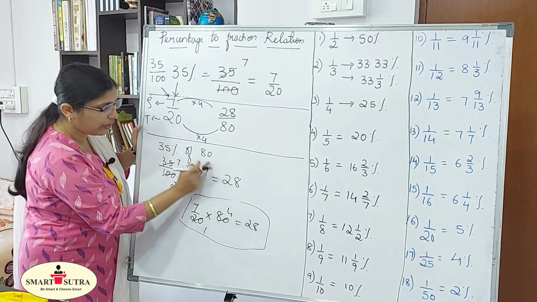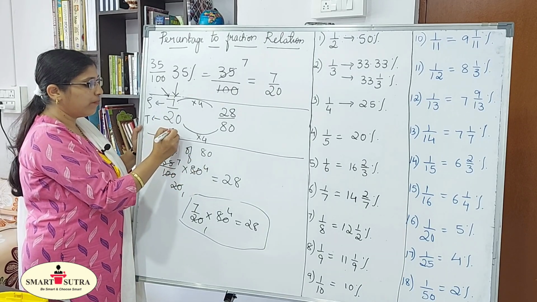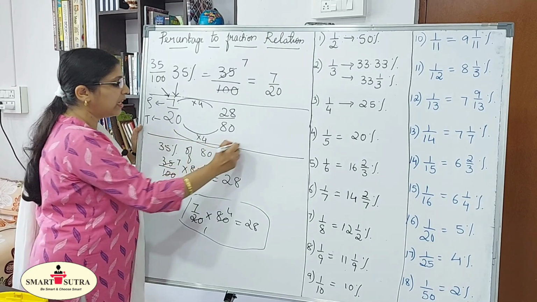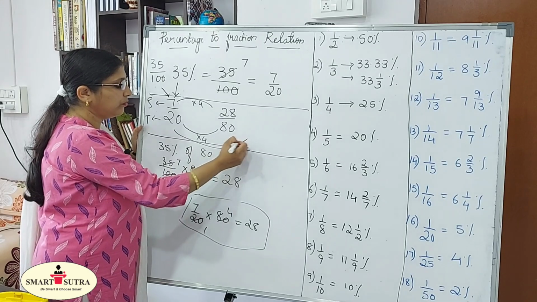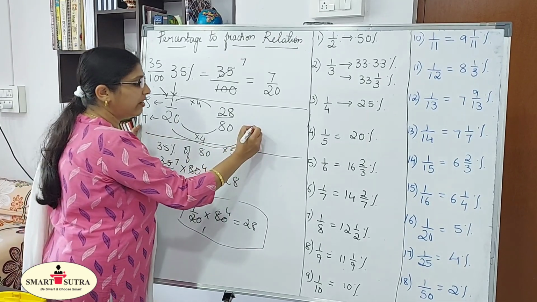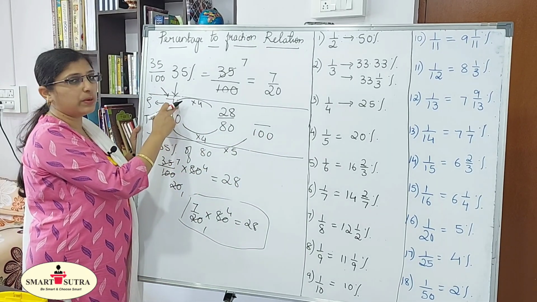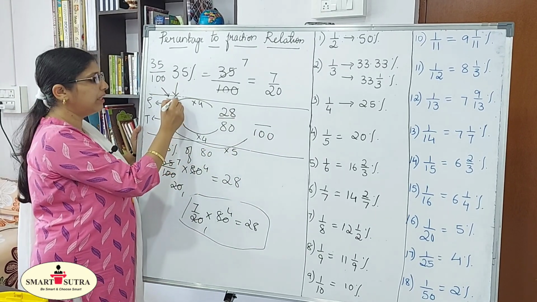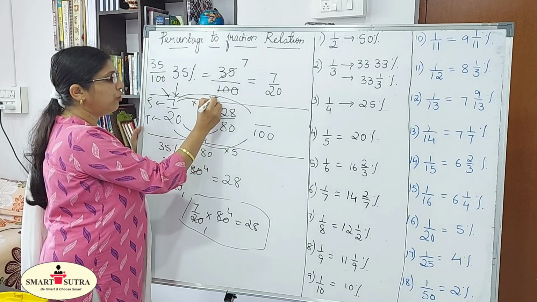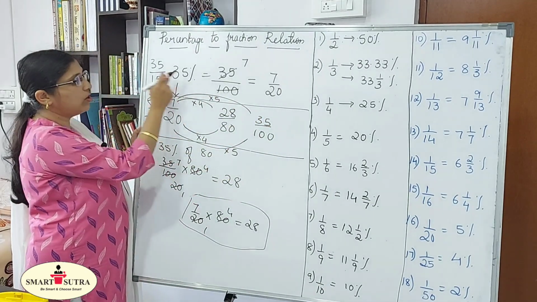Now if the paper was increased by 5 times, then 20 into 5 is 100, and the score also gets multiplied by 5, so 7 into 5 is 35. The same thing we got here.